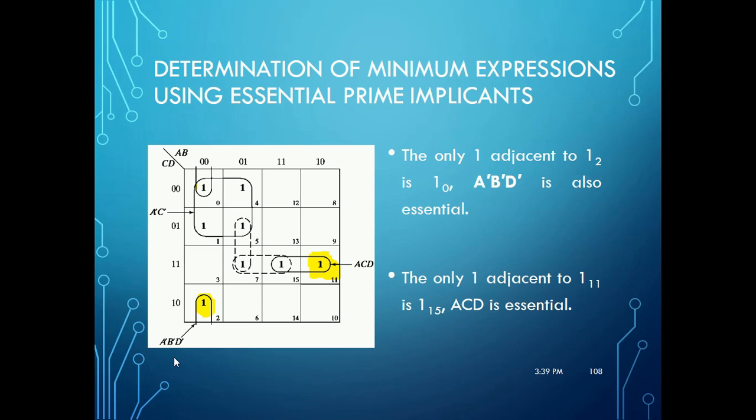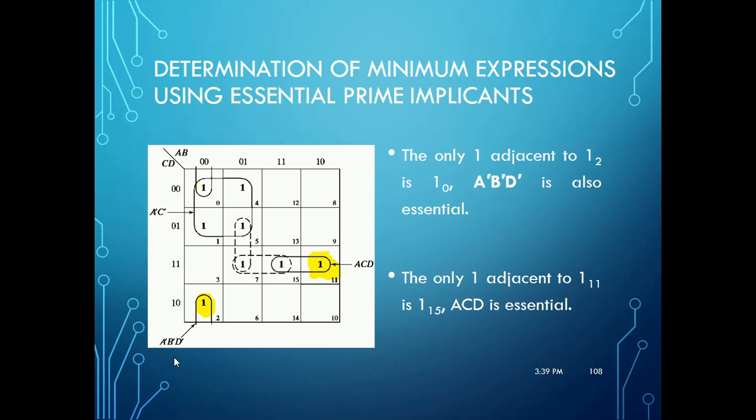That's why ACD is also an essential prime implicant. So you have found A bar C bar as an essential prime implicant, A bar B bar D bar as an essential prime implicant, ACD also as an essential prime implicant, since it is covered by only a single term.